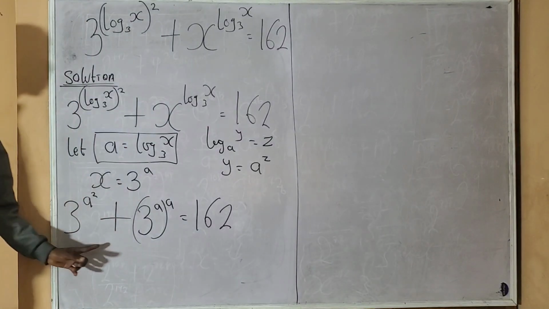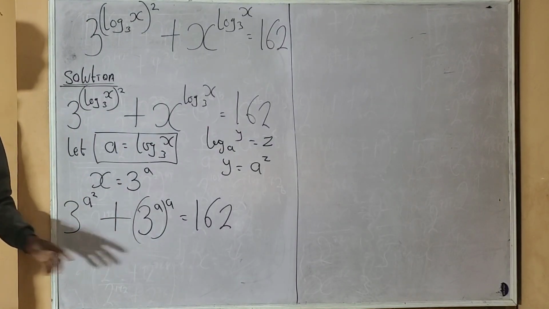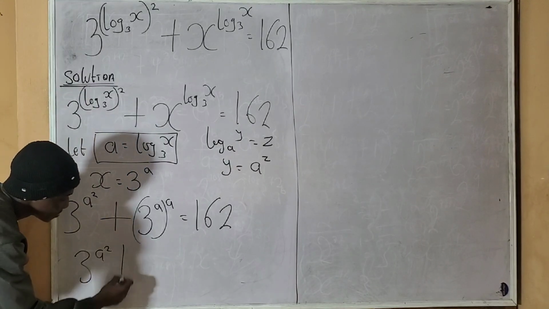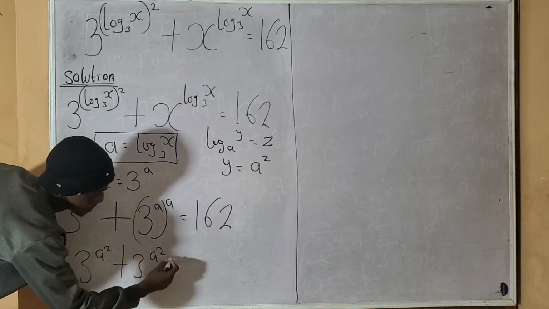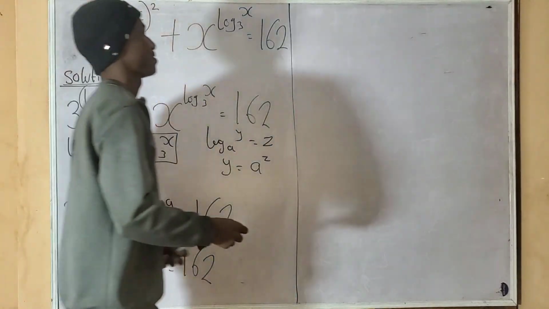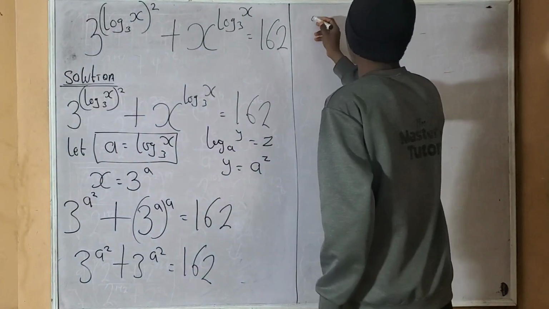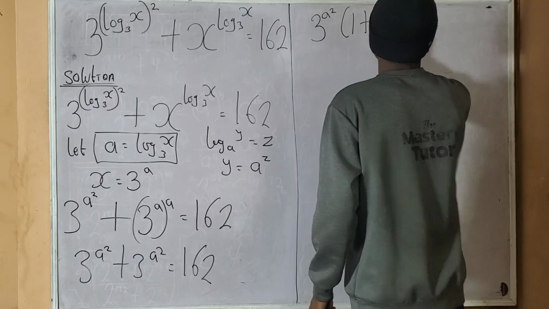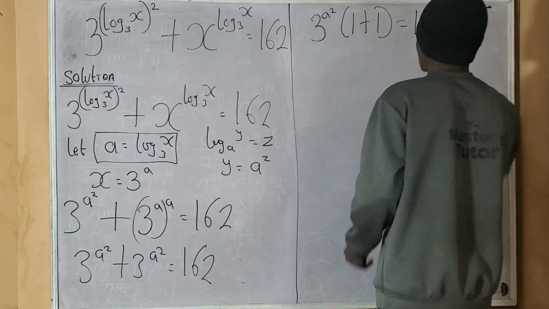Do you understand how I arrive at this equation? Now here I'm going to have 3 to the a squared plus 3 to the a squared equals 162. Factorize. I'm going to have 3 to the a squared times (1 plus 1) equals 162.